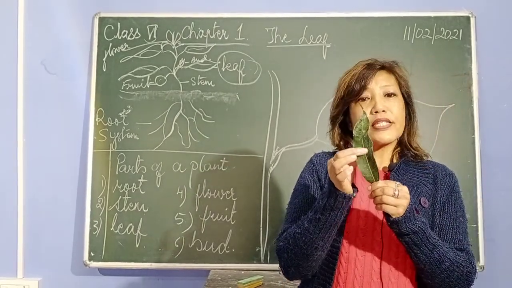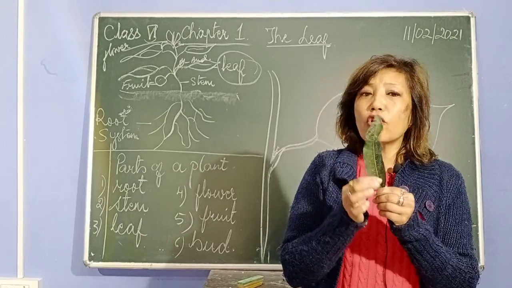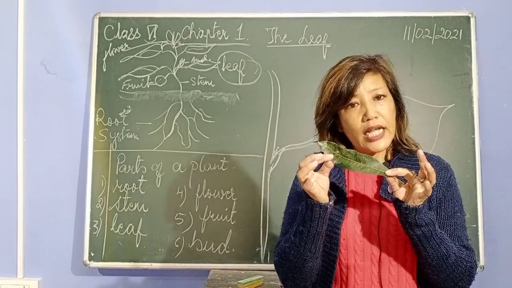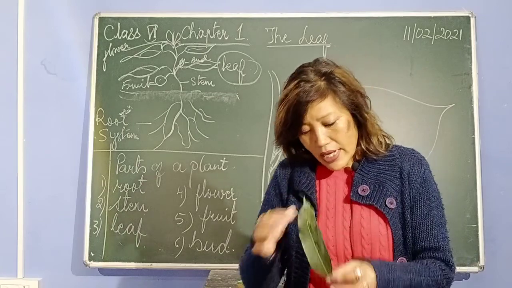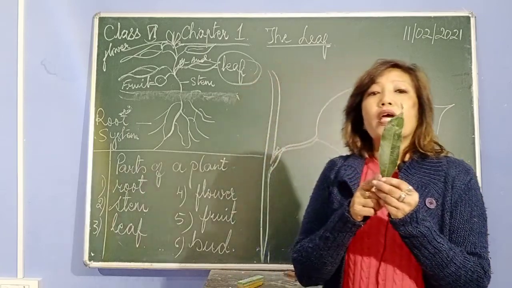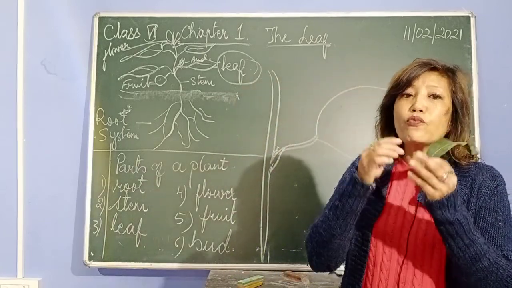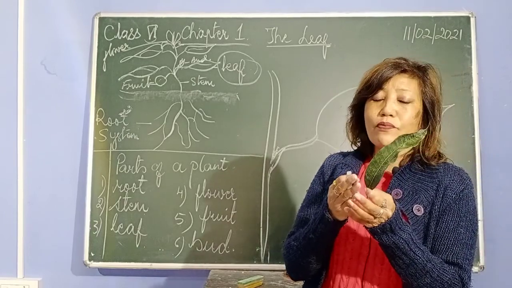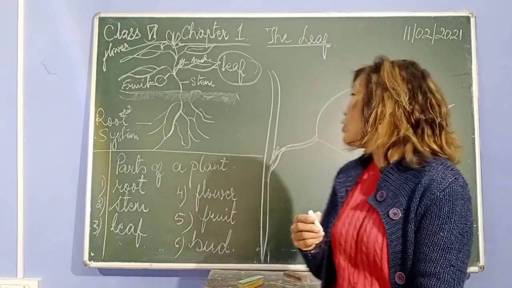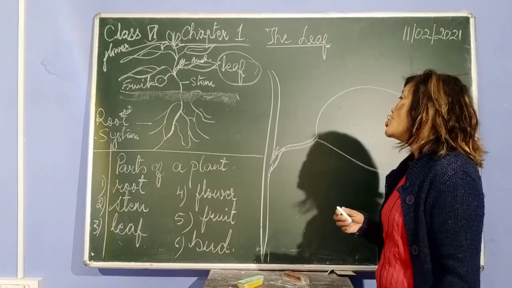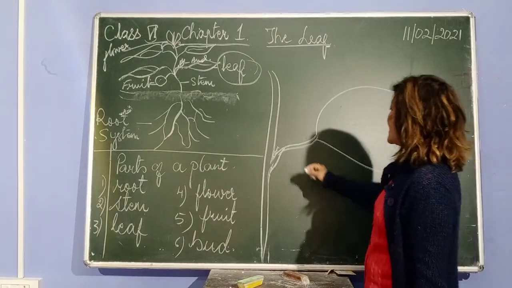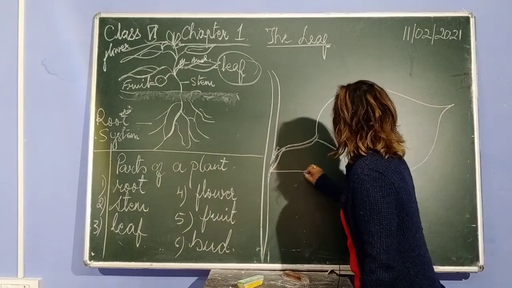So due to the presence of the green pigment called chlorophyll, the leaves are green in color. Okay. Now, from where do they grow? From which part of the shoot system will the leaf grow? Now, there is a term node, N-O-D-E, node.